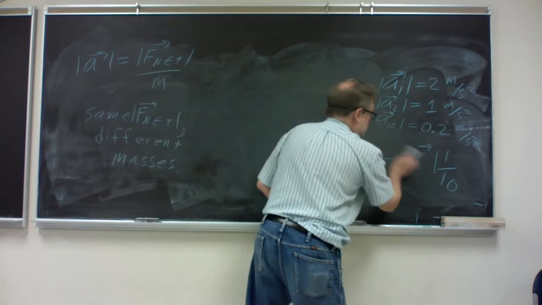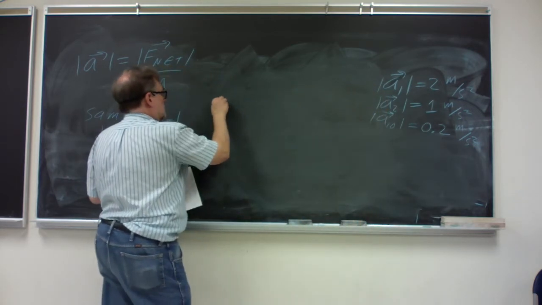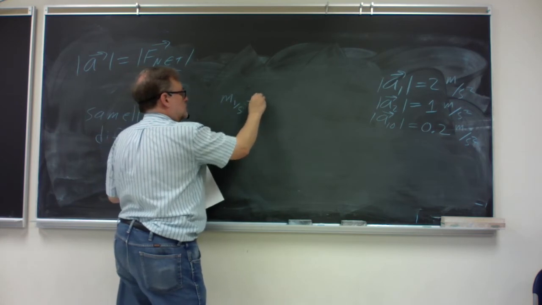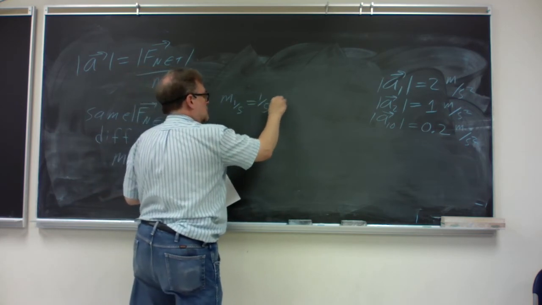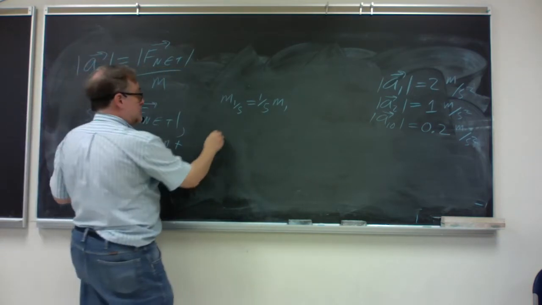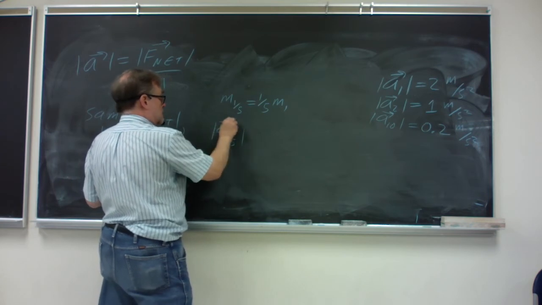Now, instead of taking bigger masses, let's look at a smaller mass. We'll call it M1/5, because it's just 1/5 as large as M1. So the acceleration that you get, we'll call it acceleration 1/5.